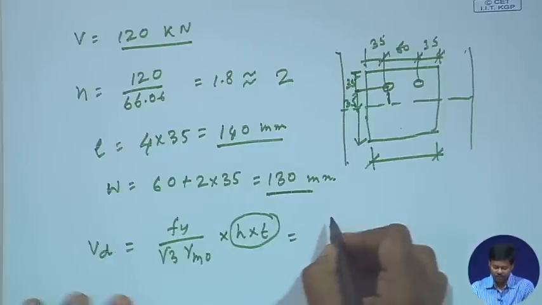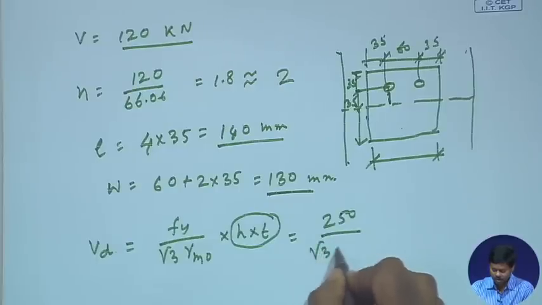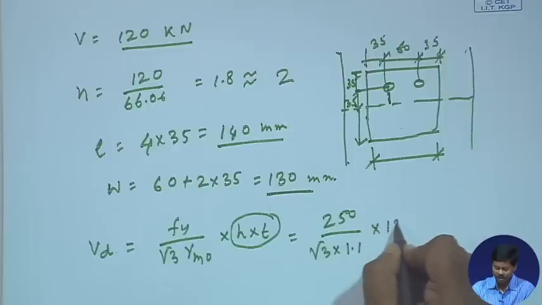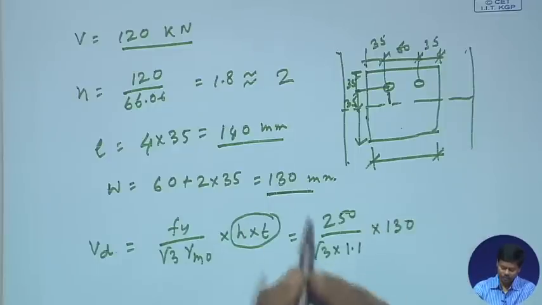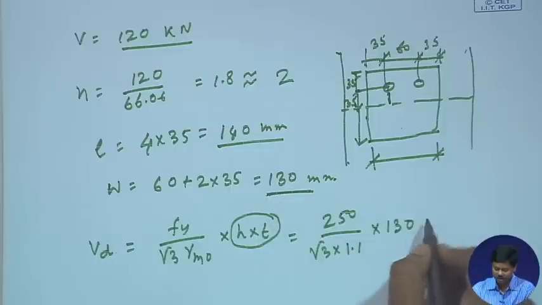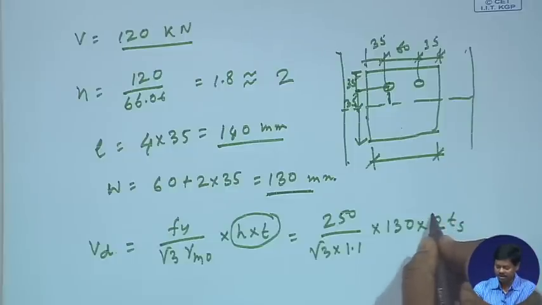So, here if we put the values: 250 by root 3 into gamma m 0 is 1.1 into h is 130. So, this W we found here, it is 130, and T is the thickness of the splice plate. Here two splice plates are provided on two sides, so I can provide 2 into T s, where T s is the thickness of the splice plate, right.